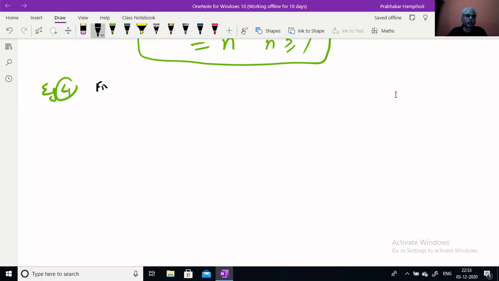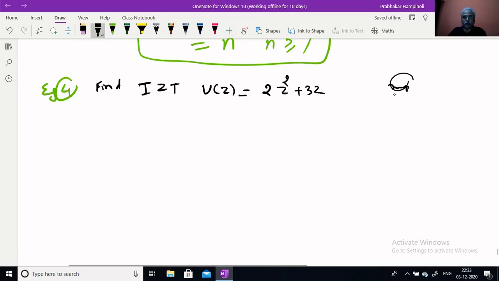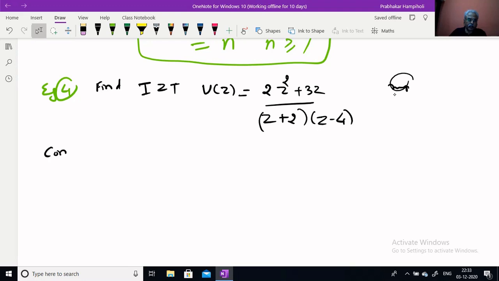Suppose, find, these are also very important examples. Find the inverse z transform of u of z equal to 2z square plus 3z divided by z plus 2, z minus 4. Now carefully you see, first of all I'll consider this. First step you can always write like this.